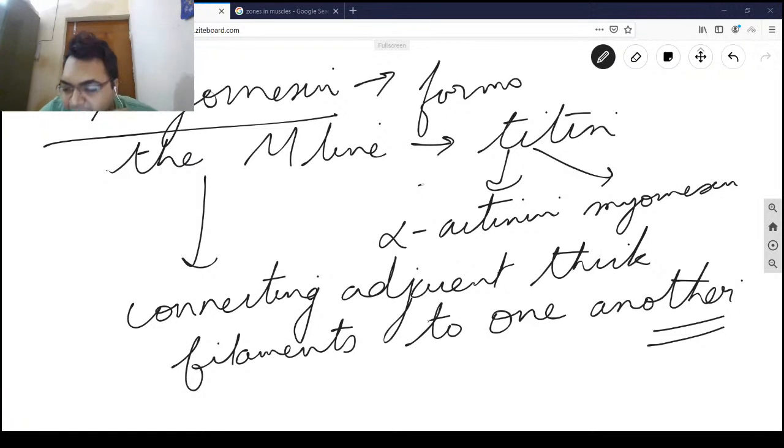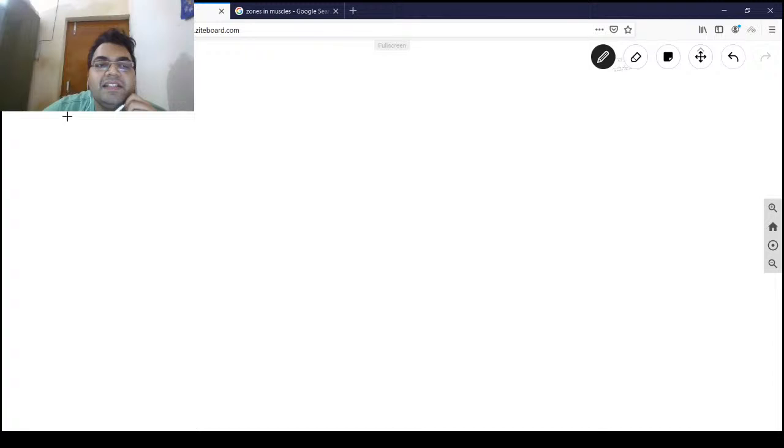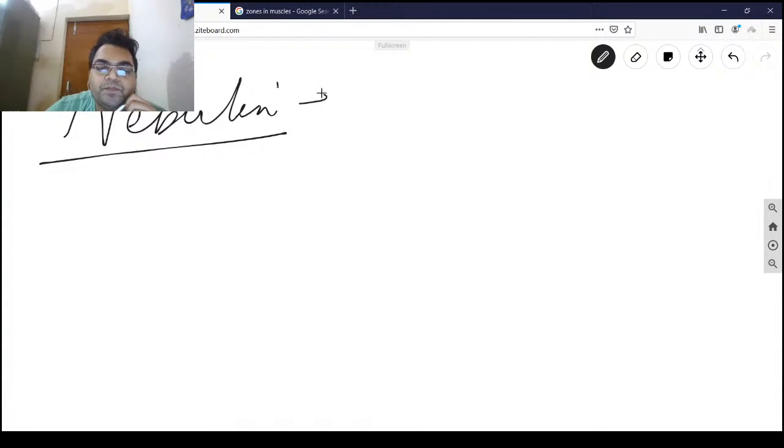Now we come to the work of nebulin, a special protein known as nebulin. When we talk about nebulin, it is the structural protein, very, very important, a very significant protein.